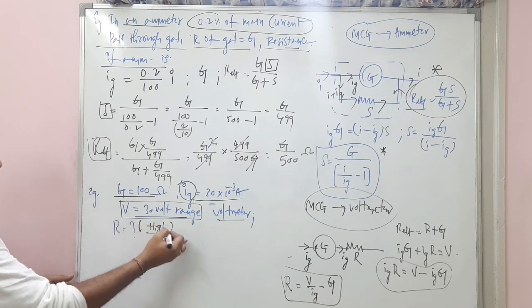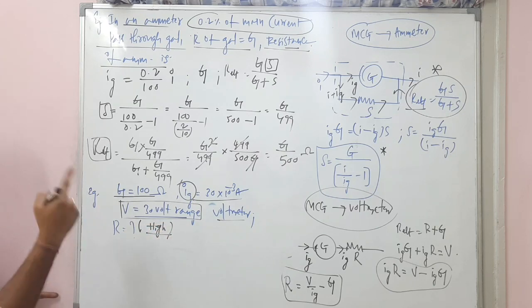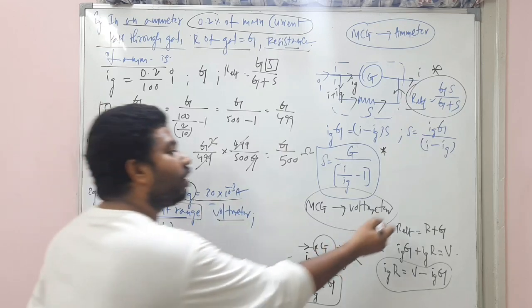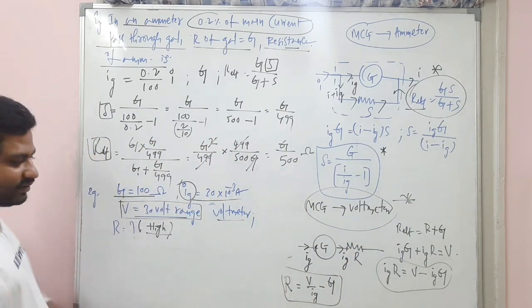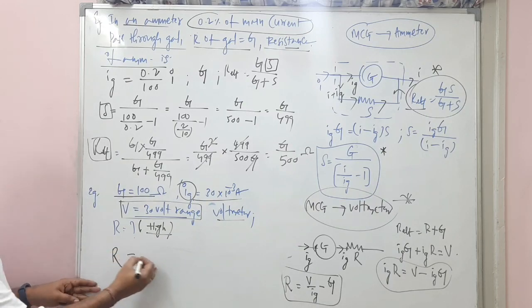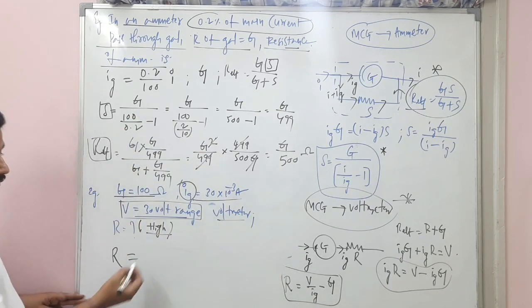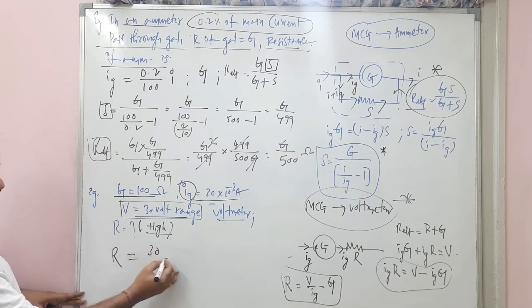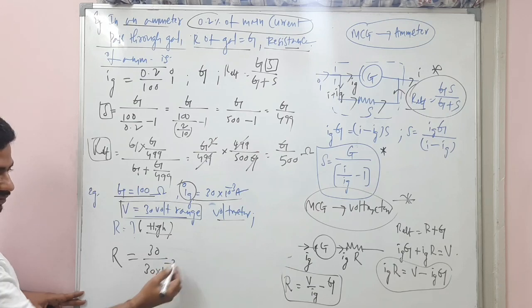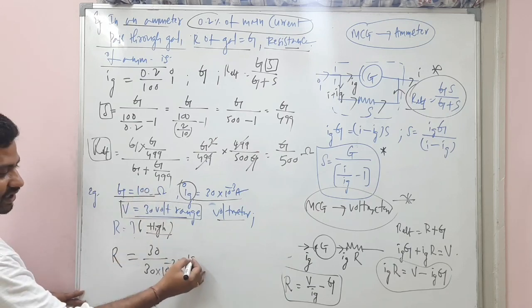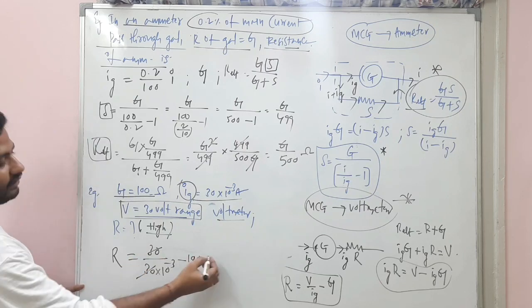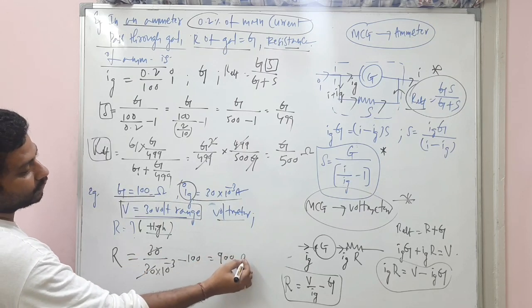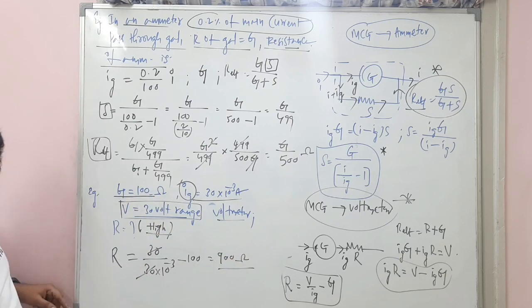When they mention high resistance, you should understand that the setup is behaving as a voltmeter. For the voltmeter, direct formula is there, and of course we have derived it just now. V by Ig minus G: 30 by Ig, which is 30 into 10 raised to minus 3, minus G, which is 100. Look at this, 30 cancels. 1000 minus 100, it's 900 ohm high resistance.